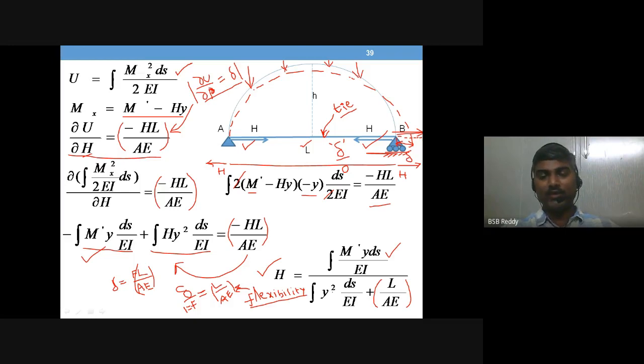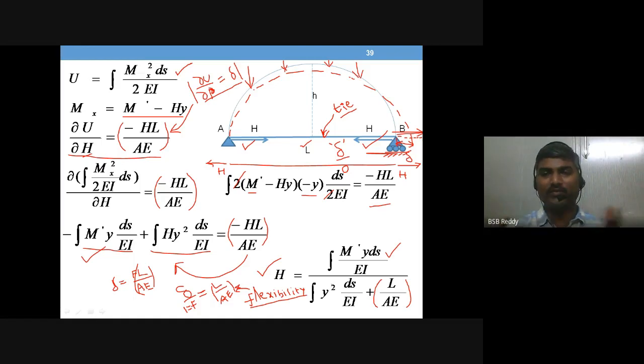So how is this tied arch different from the regular arch? All others are the same: your span, load, rise, everything is the same, except that one of the supports is changed from hinge to roller, and you provide a tie. What is a tie?